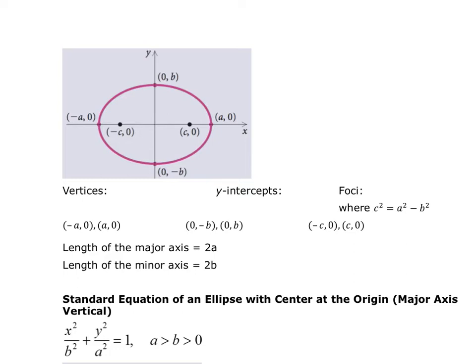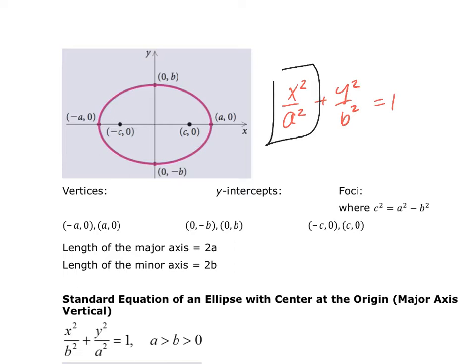Your vertices, and when we do the vertices, we are usually talking about the major vertices. So if you just see where are the vertices, they're asking for the majors, not the minors. The majors, because again, we had it as x squared over a squared plus y squared over b squared is equal to 1, are along the x-axis.